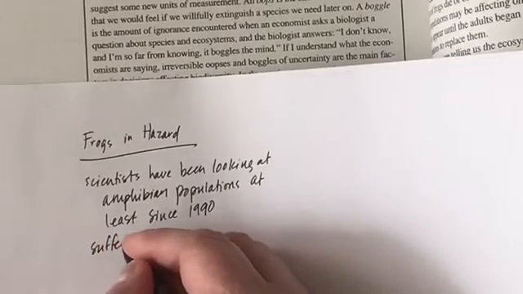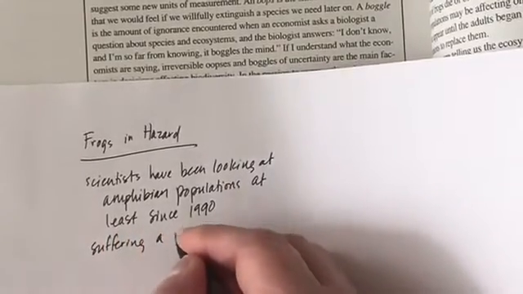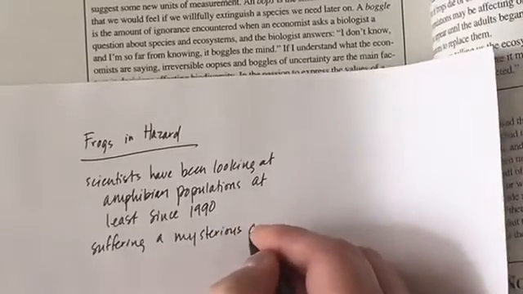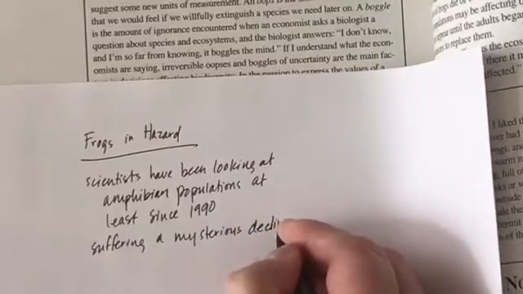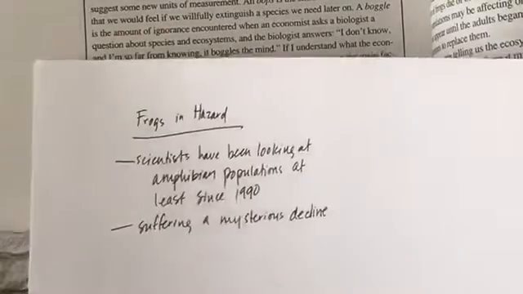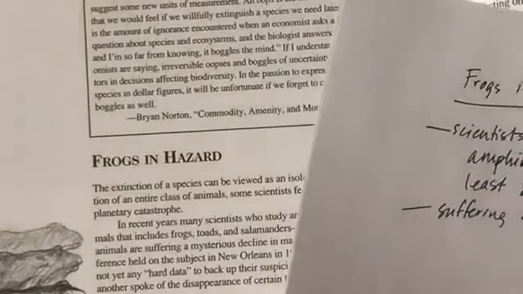And they're suffering a mysterious decline. So their numbers are going down, and they don't know why that is. So these are some key ideas, or some big ideas in the reading that I'm doing right now.